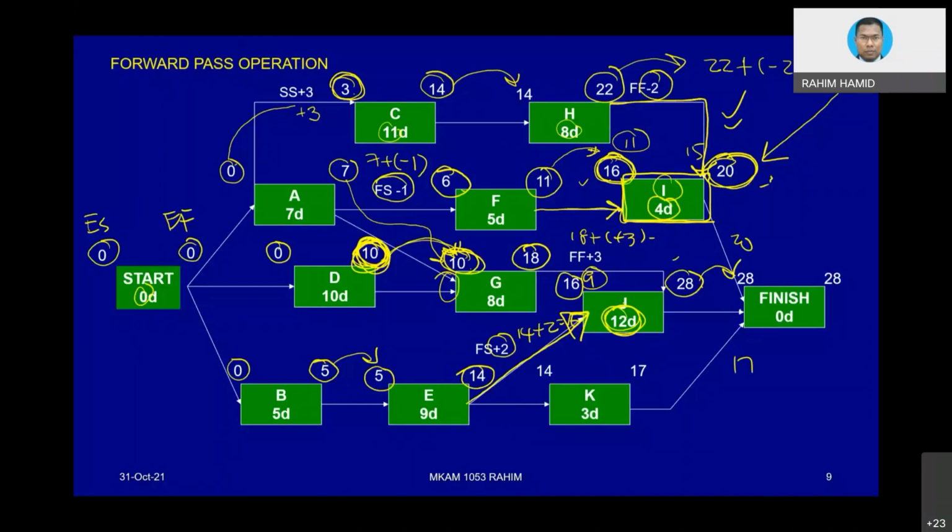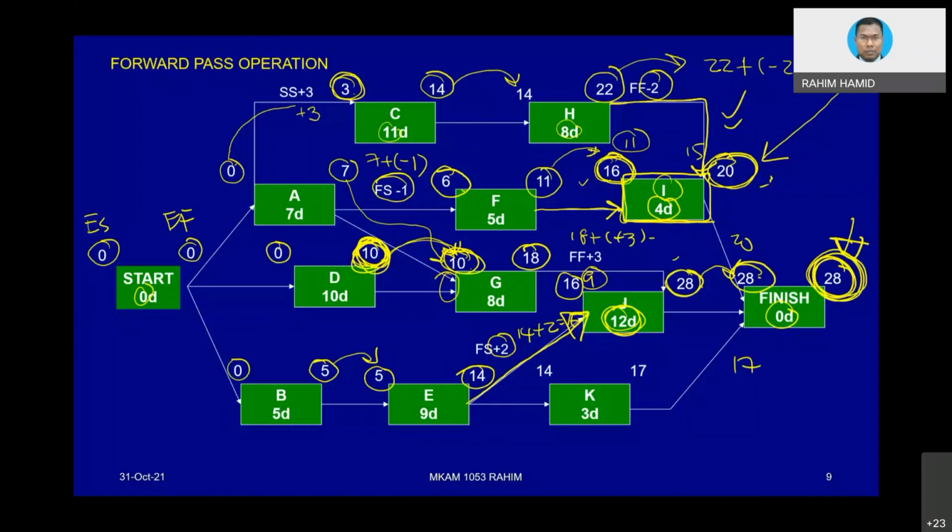So we choose 28. 28 plus 0 equivalent to 28. This is the finishing duration of the project at 28, basically taken from activity J. Activity J is the last activity to complete, and that would be our project completion date.